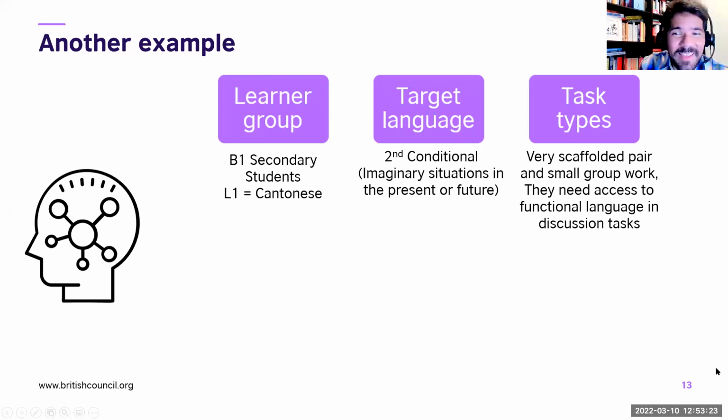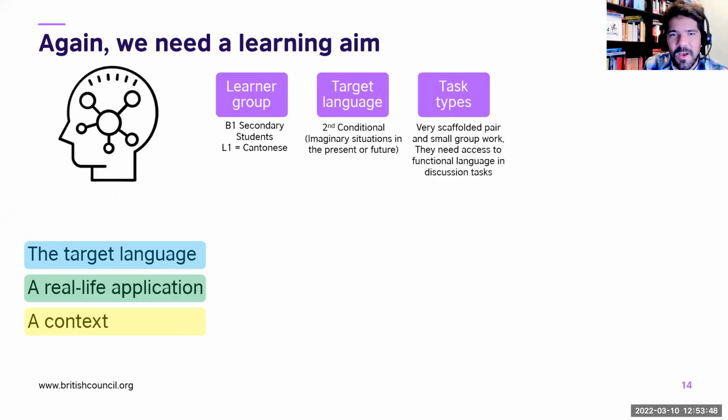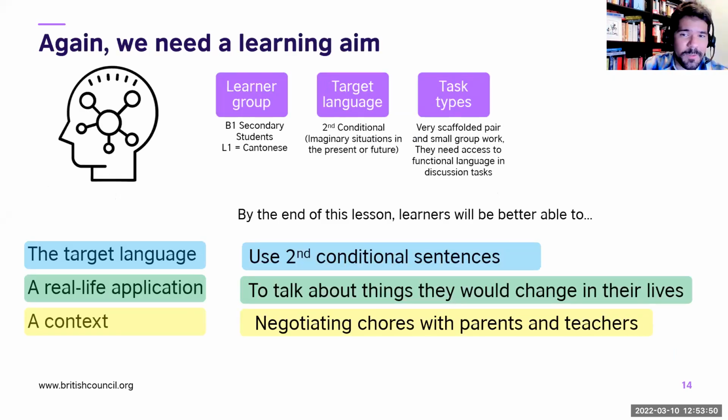Task types that they like: very scaffolded pair and small group work. They need access to functional language and discussion tasks because they're not true B1s. I think their level is slightly lower than that. So some highly interactive activities are very hard for them. So this is what I thought for the aim.